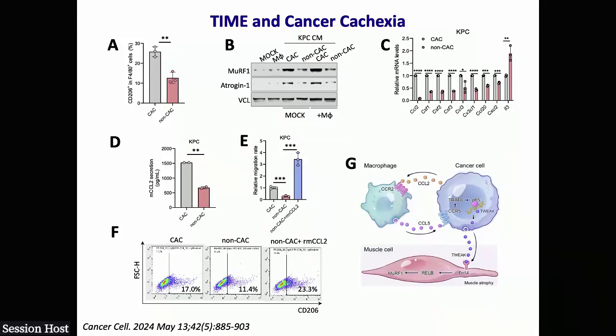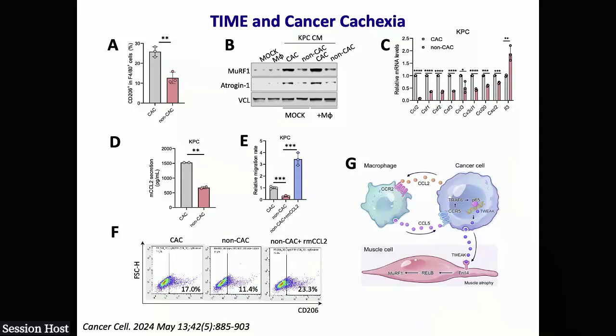For the mechanism part, we found that in the cachexic cancer cells we can see more of the chemokine CCL2, which can recruit and activate the macrophage. Overall, the cachexic cancer cells secrete more CCL2, which recruits and activates macrophages.